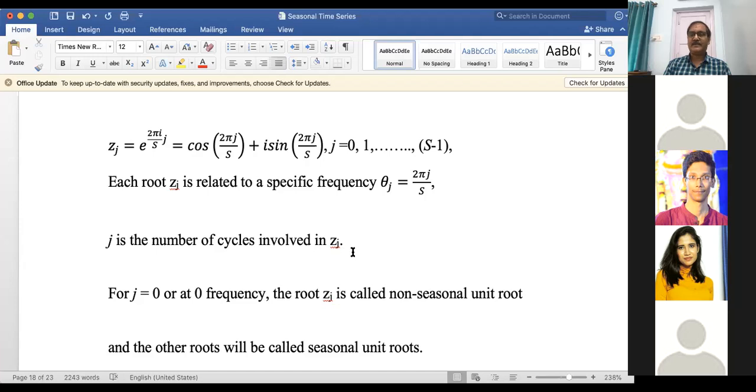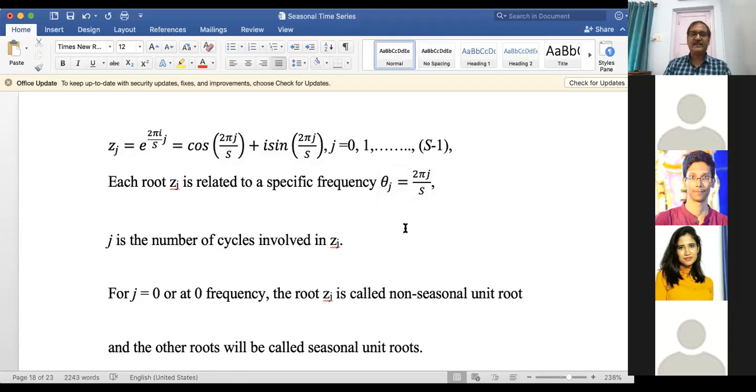You have to keep in mind, j denotes the number of cycles involved in the root zj, and corresponding to each value of z, you have a corresponding value of theta j. This theta j will be called the frequency.